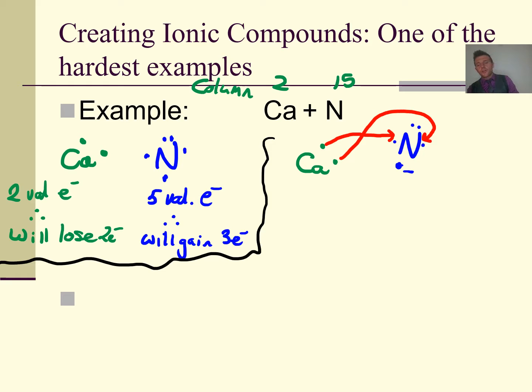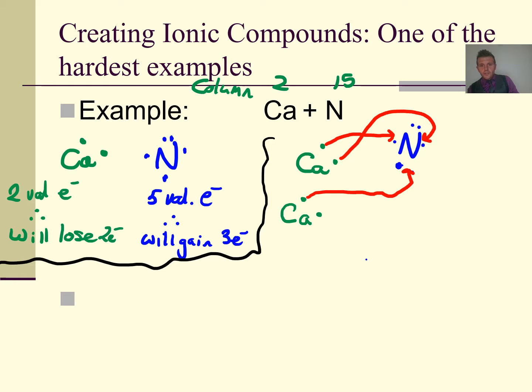So then, in order to satisfy that, a second calcium will come along, which can donate another 2 electrons. So then this calcium will complete the octet of that nitrogen.